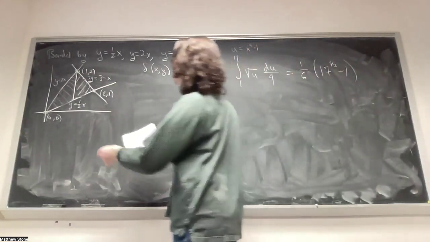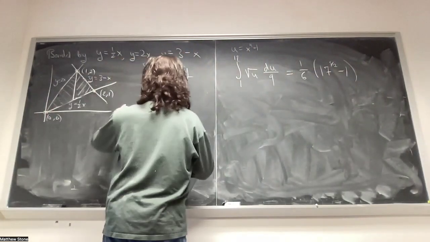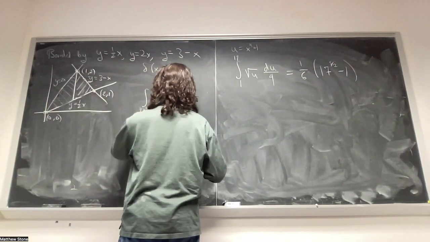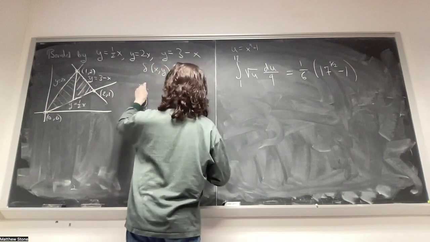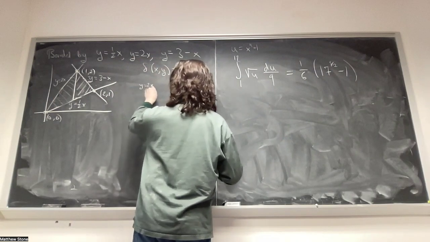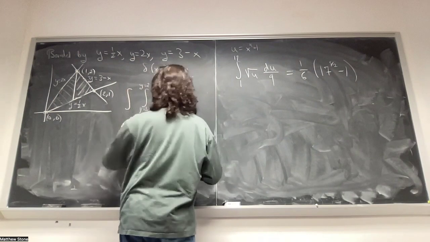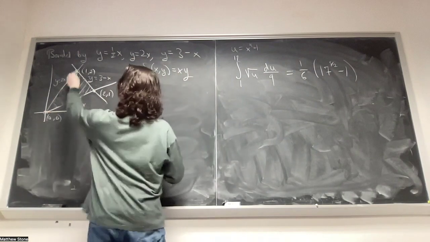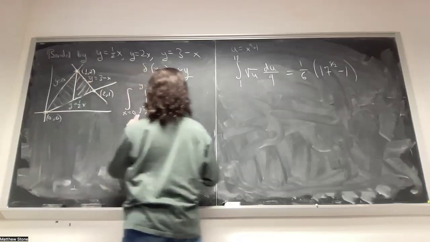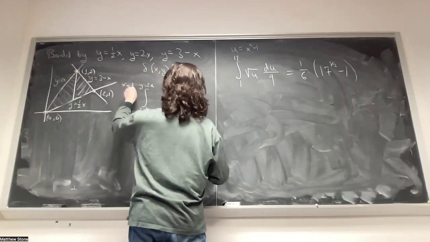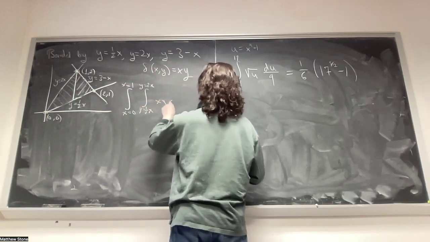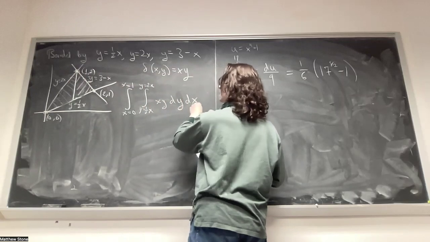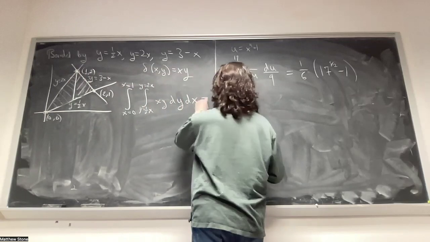In this particular case, that would mean on the left, we're going from the function y equals 1/2 x up to the function y equals 2x, with the x values ranging from 0 at the start up to here, which has an x value of 1, of the density, dy dx. That would give me the area of the left triangle.